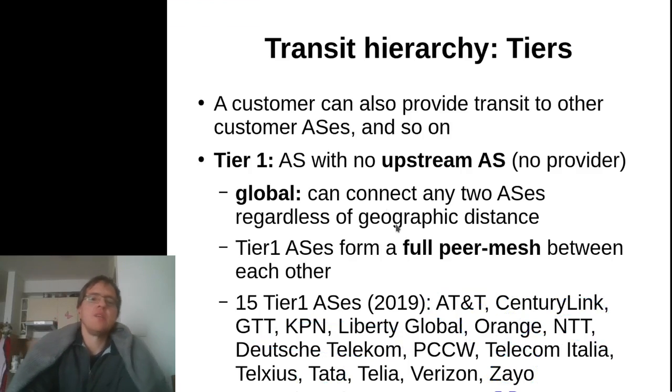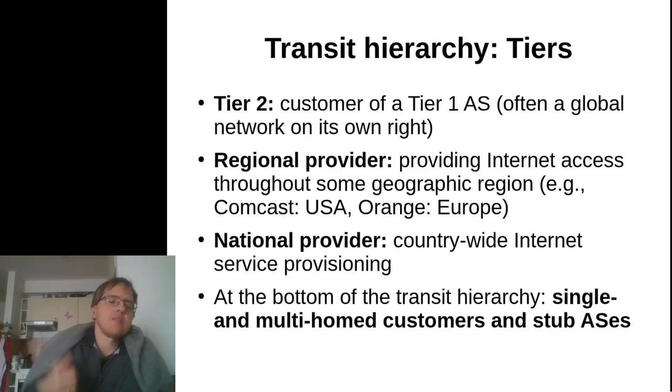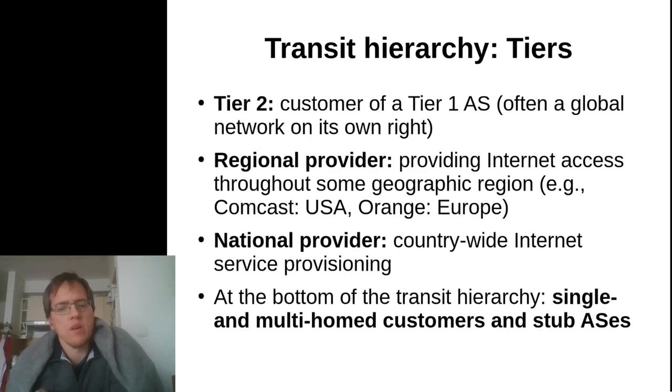And again, tier 1s lie at the highest level in the transit hierarchy, because they are not confined to using the transit service of any other ASs. They can handle connectivity at their own level.